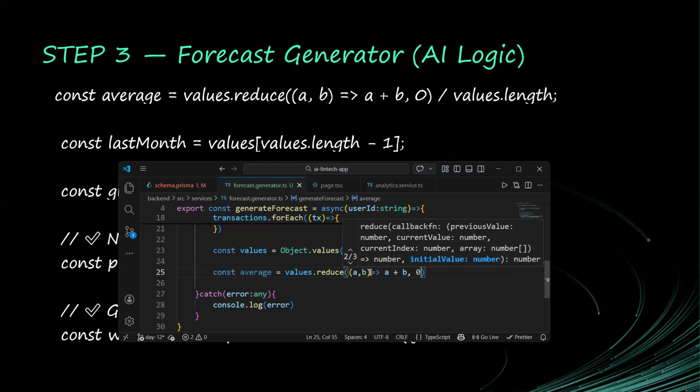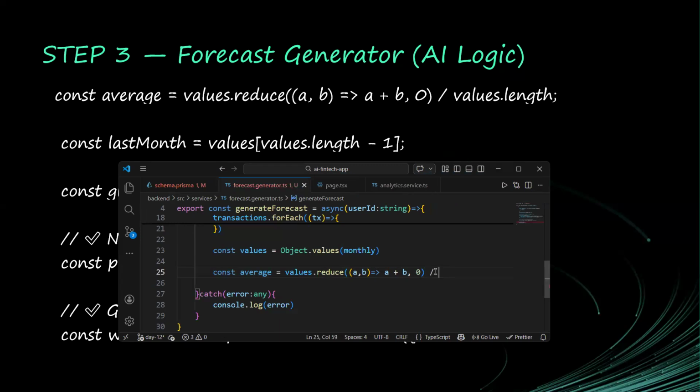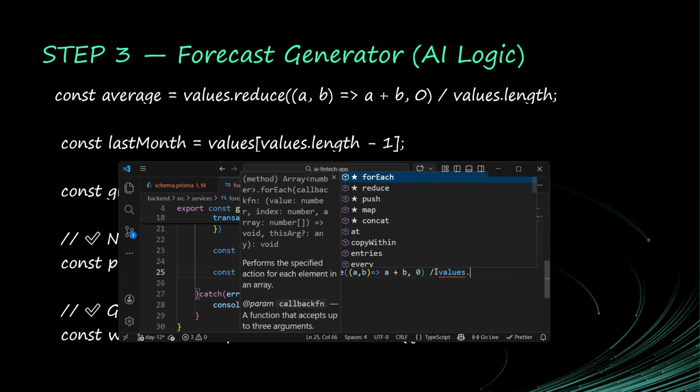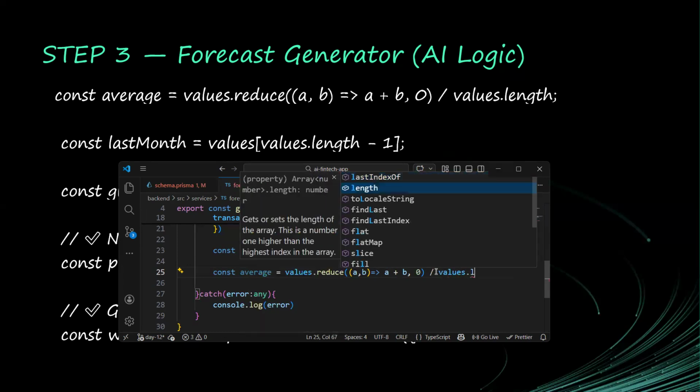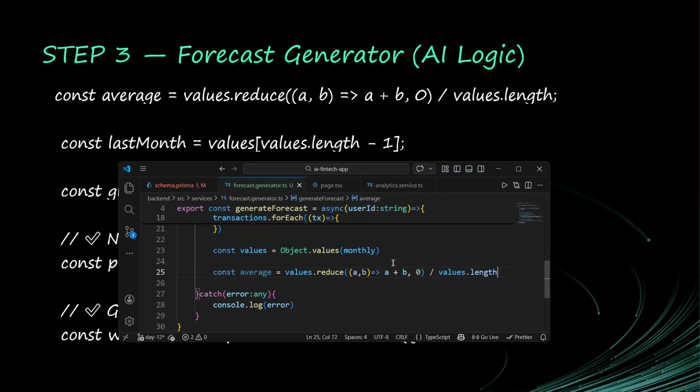And then the initial value is 0, okay? So this will give us the sum, but now we are going to divide it by the values.length. I do not explain my logic here. So now we have our average.